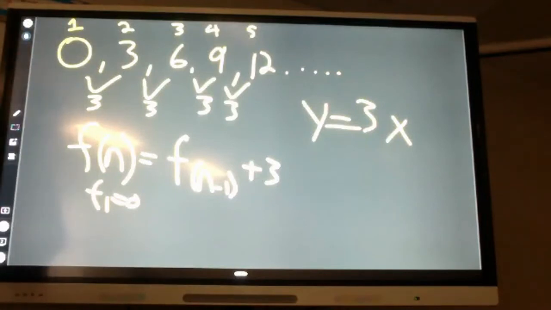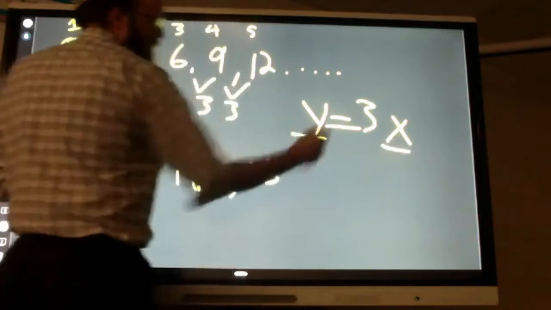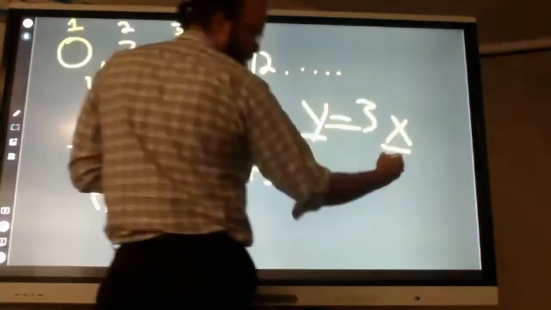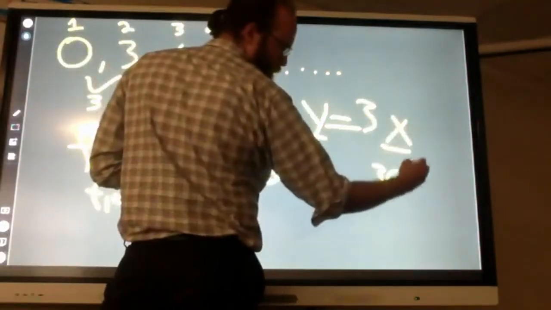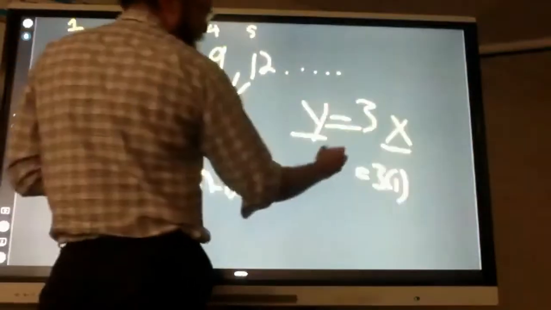Now we just have to make it work. So we're going to plug in our x value and our y value and make sure that the statement is true. When we plug in a 1 for x, our y value is 0.